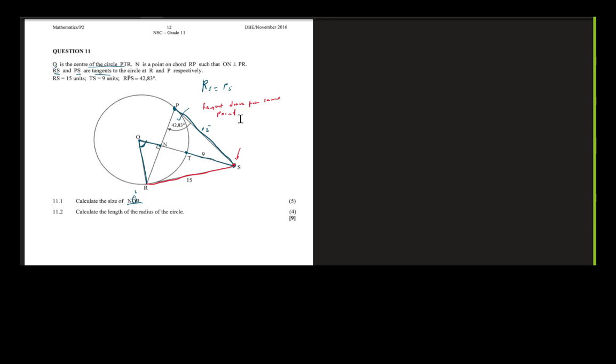Is there any way we can find the size of angle O? Yeah, this is mathematics now. Wow. Yeah, the size of angle O.